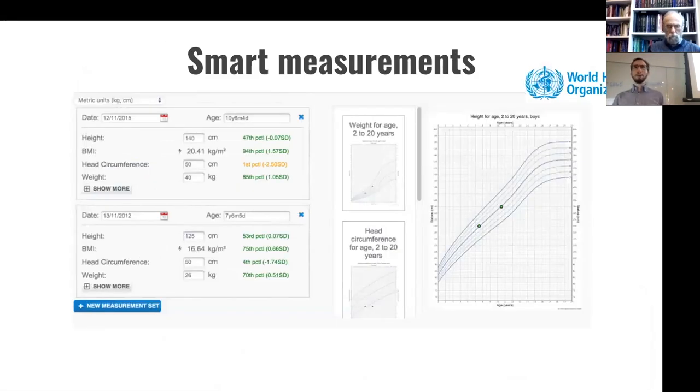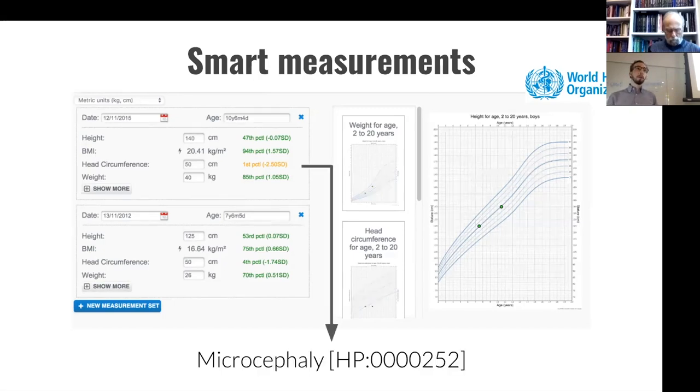There are a lot of workflow improvements that we try to do. Again, we're trying to solve this somewhat difficult problem of building a tool that clinicians can use in practice and that incentivizes them to use it. One of the ways is by having growth charting, which is a really common feature in electronic medical record systems, but taking those measurements that are really commonly recorded in clinical genetics, such as height, weight, head circumference, and making sure that any phenotypic features that are codified and computable from abnormal measurements are automatically added.